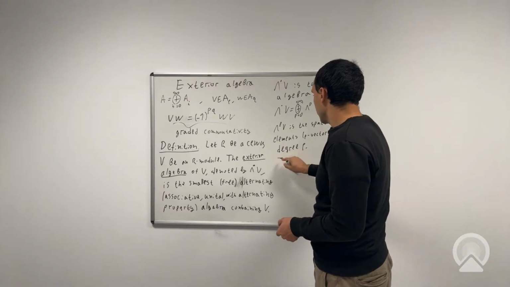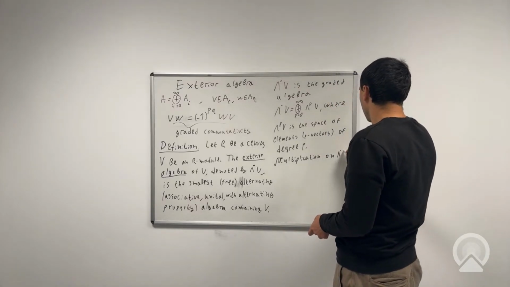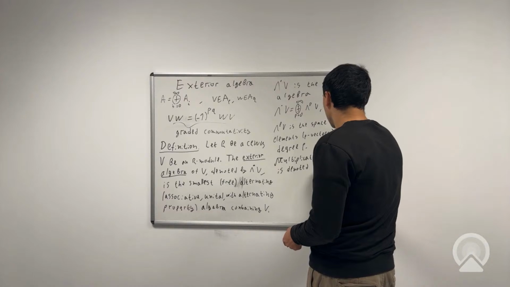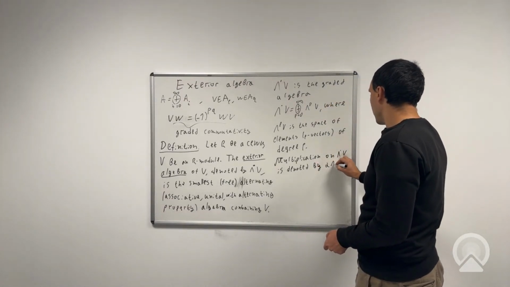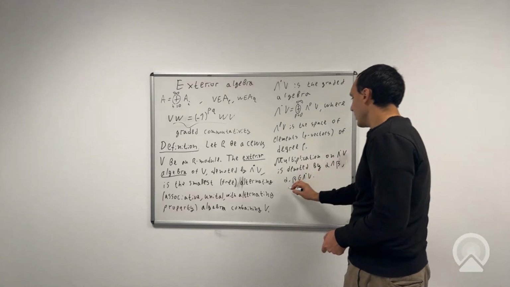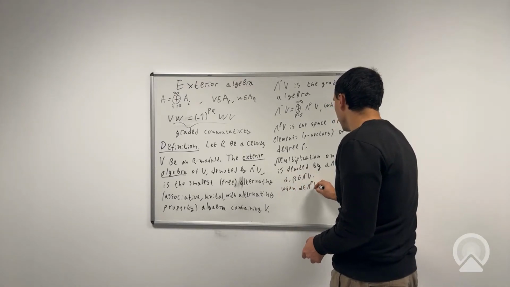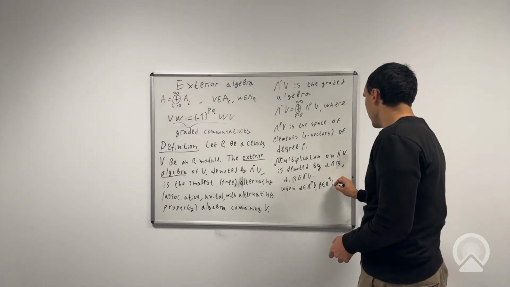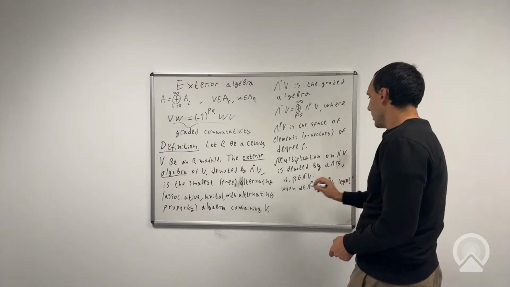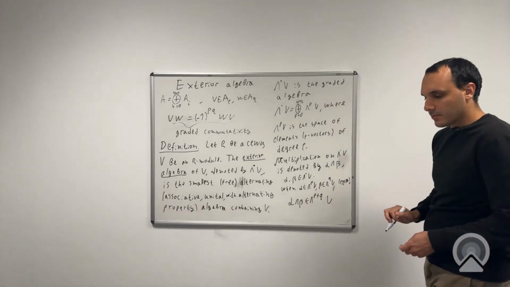So multiplication on lambda V is denoted by alpha wedge beta, where alpha and beta are in lambda bullet V. When they are homogeneous, so when alpha is in lambda^p V for some p and beta is in lambda^q V, so here p and q are natural numbers, then the graded property says that alpha wedge beta is in lambda^(p+q) of V. Okay.